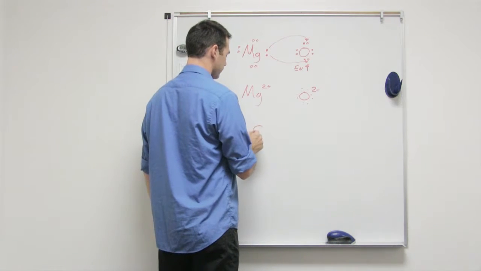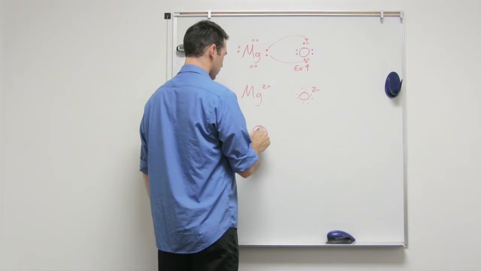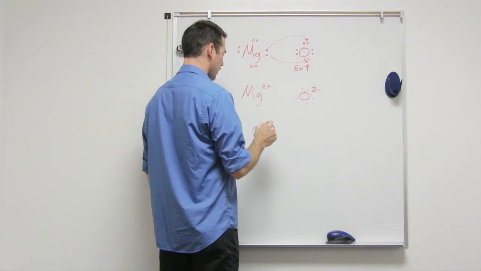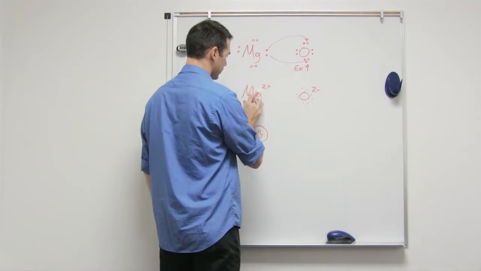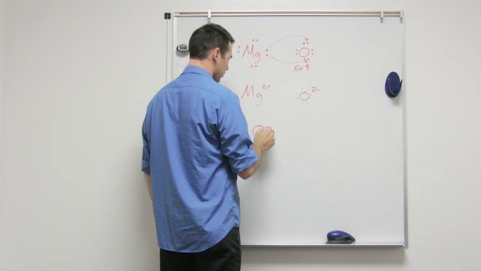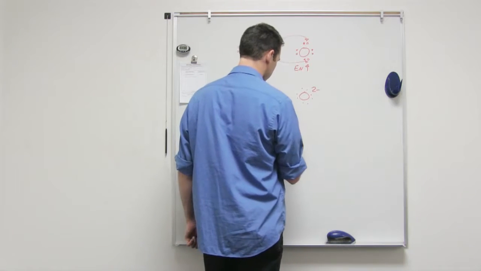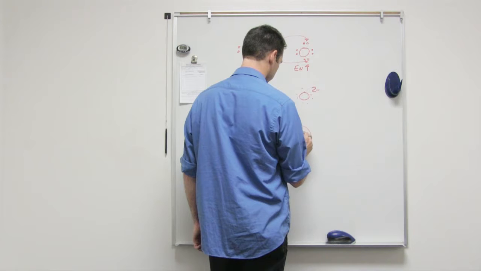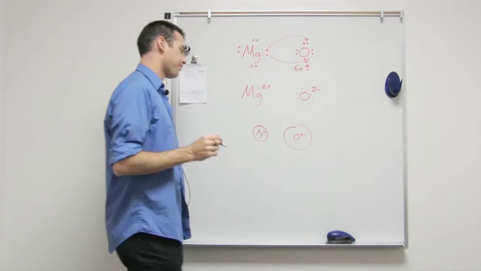It's going to be super small, because when you have a positive charge, you actually shrink in size. So we're going to have that, and then we're going to have this one, which looks like that, a bigger atom.